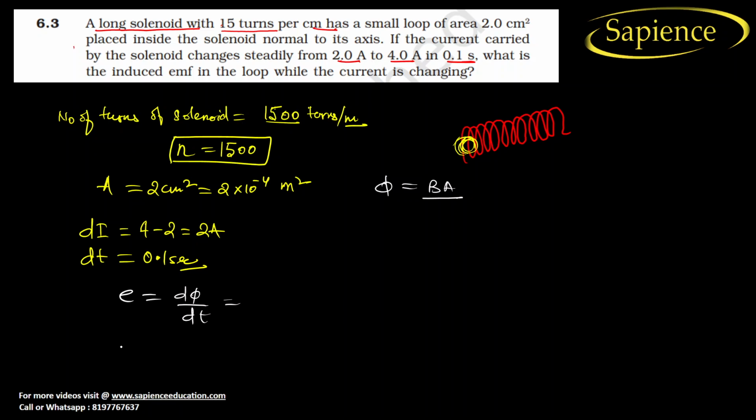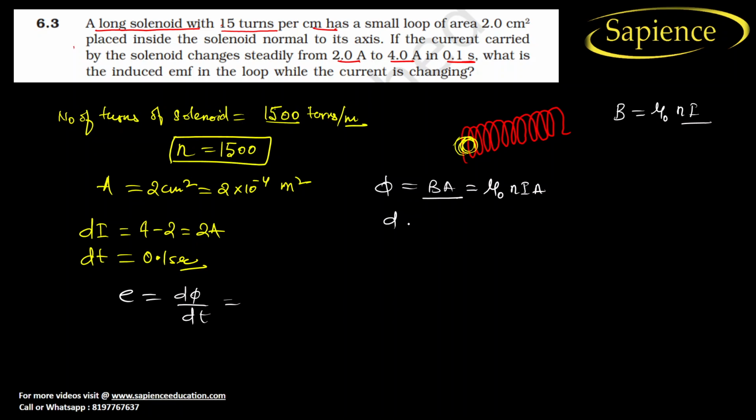Did they provide the magnetic field strength or not? Okay, they have not provided it, but we know that the magnetic field strength for the solenoid is mu naught N I, right? So from here we can say that magnetic flux is equal to mu naught N I into A. So this is phi, right?